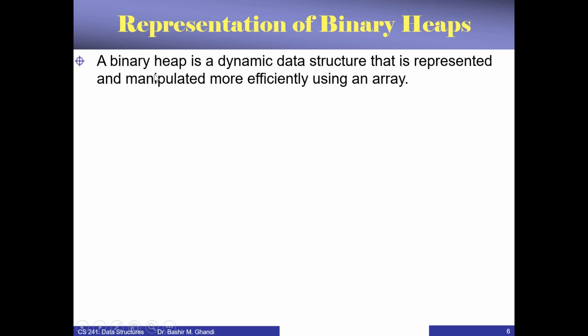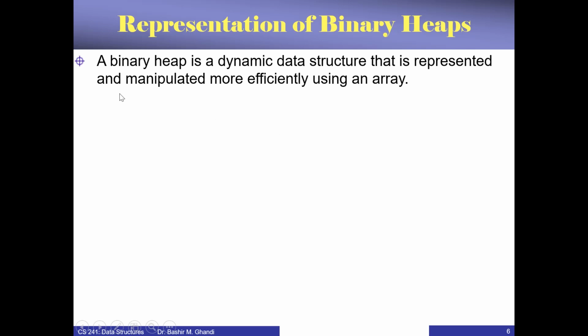It says here, binary heap is a dynamic data structure that is represented and manipulated more efficiently using an array. So for binary heap, it is represented actually using an array, not using a link structure.